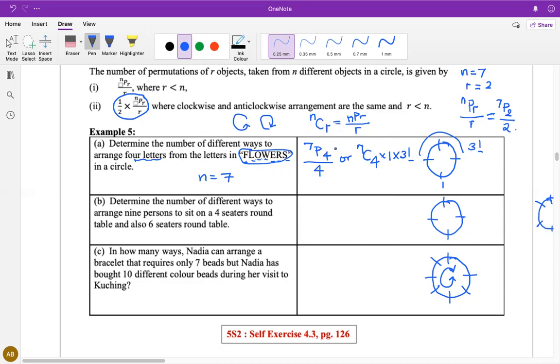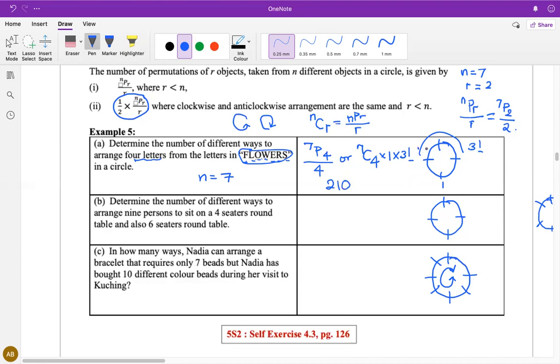So let's check: 7P4 over 4 is 210. 7C4 times 1 times 3 factorial is also 210. So both are 210.